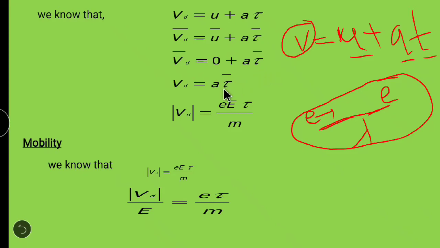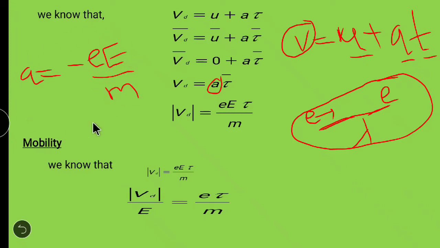We know the value of a. a is what? Small e, capital E upon m. We have put the value of a in this equation. The value of a that we found was e into capital E upon m.